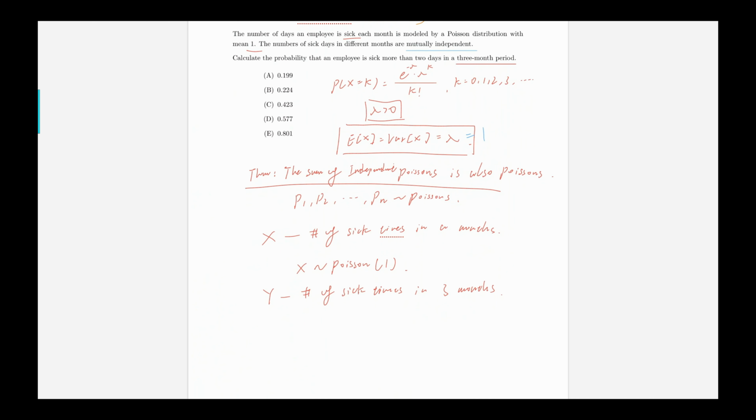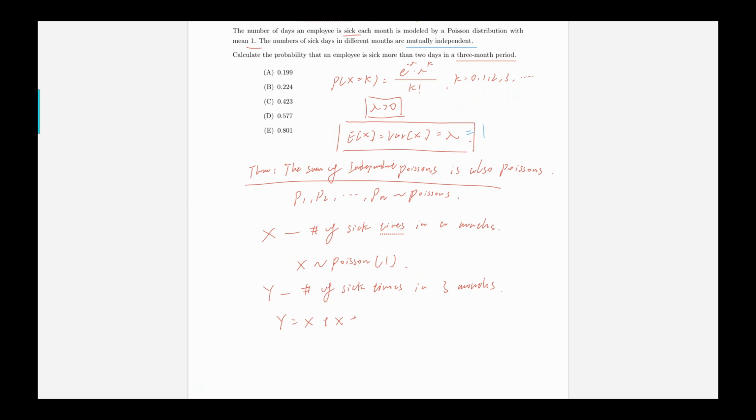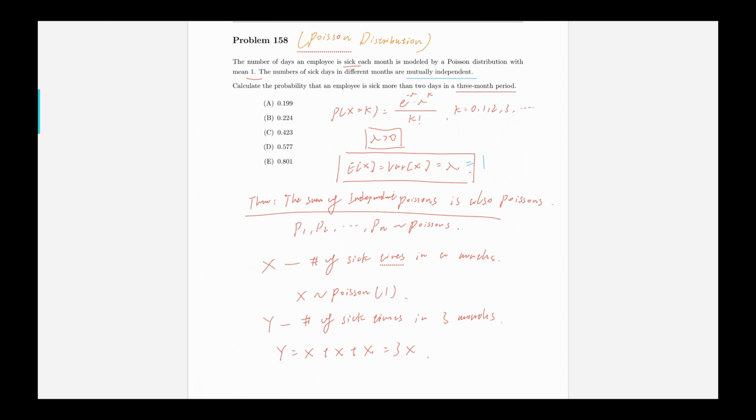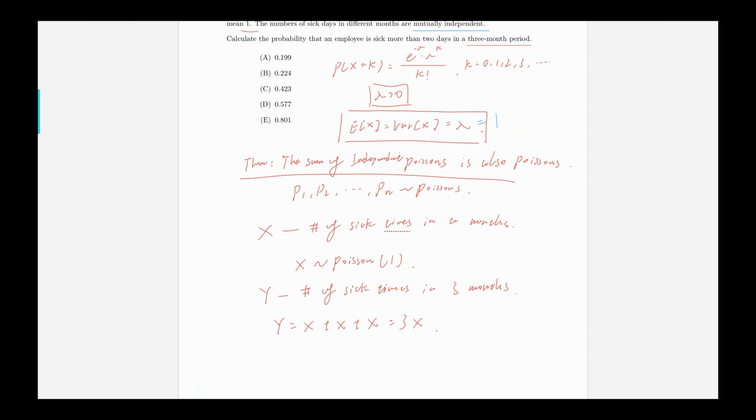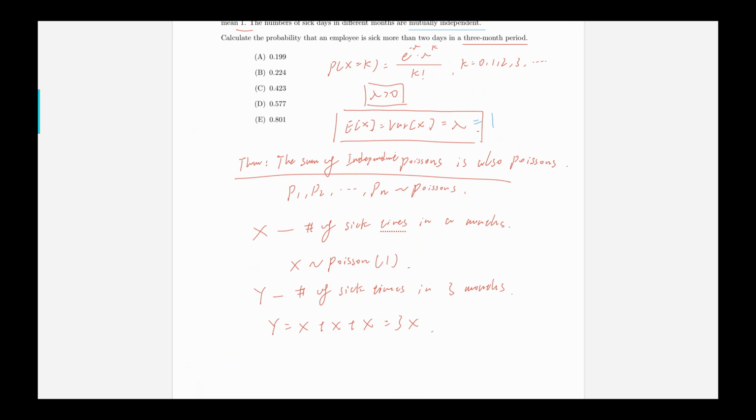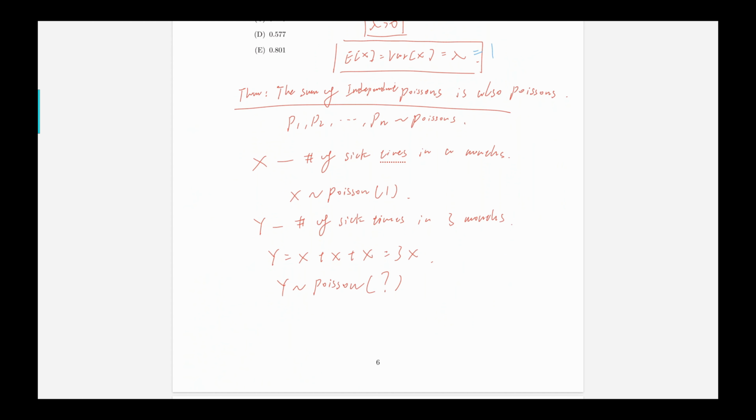This is simply going to be X plus X plus X, or 3X, because for each of the months, the number of sick times is X. Because of the theorem, we know Y also follows a Poisson, but we don't know the mean, so we need to figure out the expectation of Y.